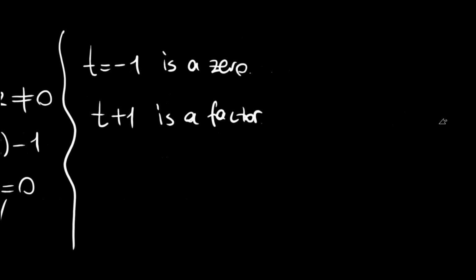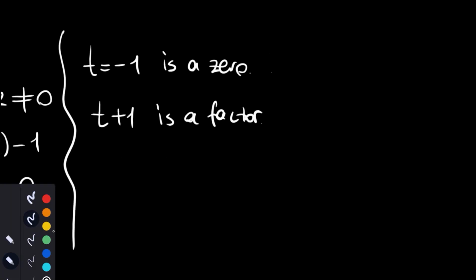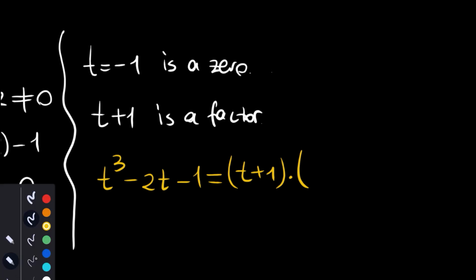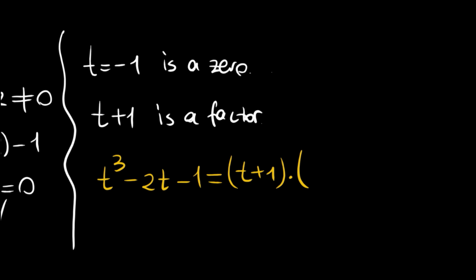Now let me factor this t³ - 2t - 1 as (t + 1) times a quadratic expression. We need some t³, so we will write t² here.